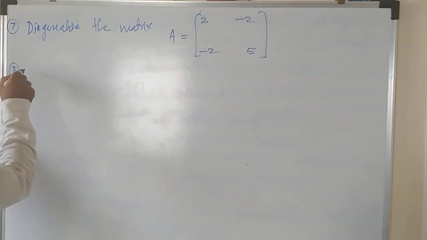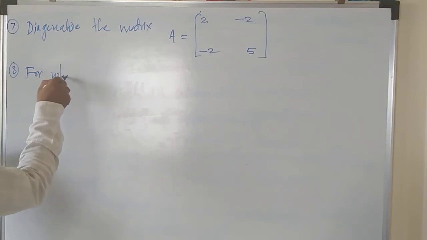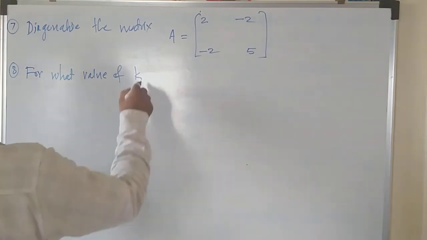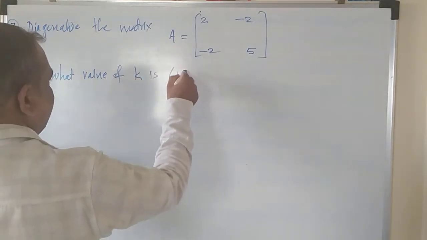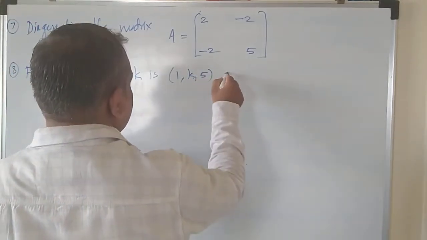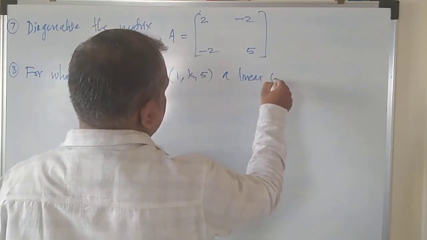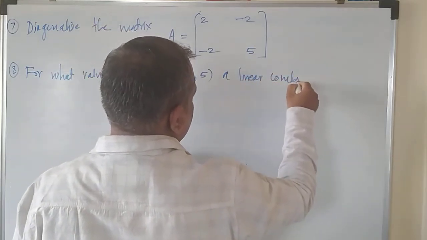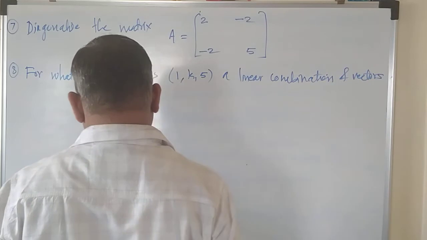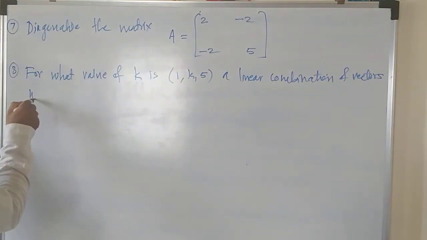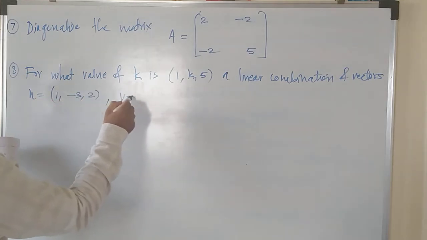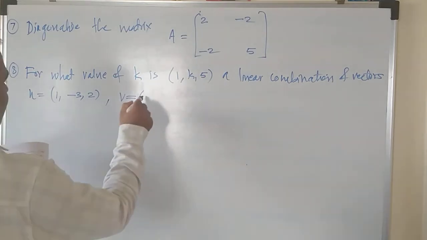For what value of k is 1 k 5 a linear combination of vectors u and v. U equals 1 minus 3 2, v equals 2 minus 1 1.